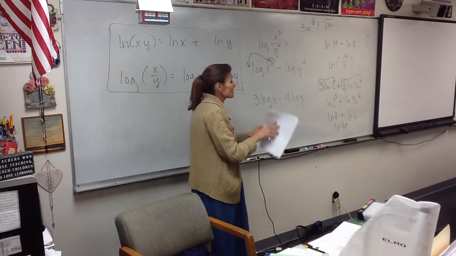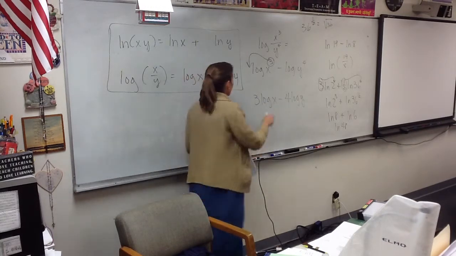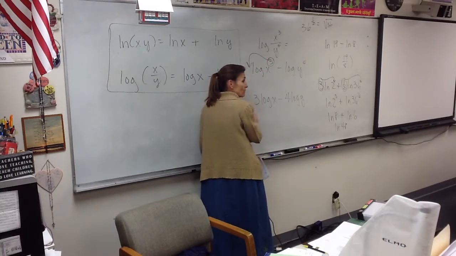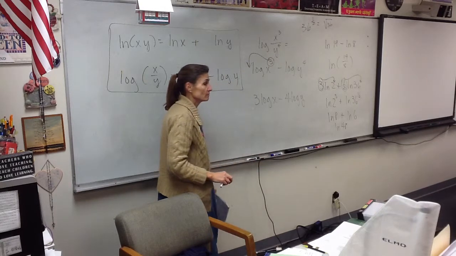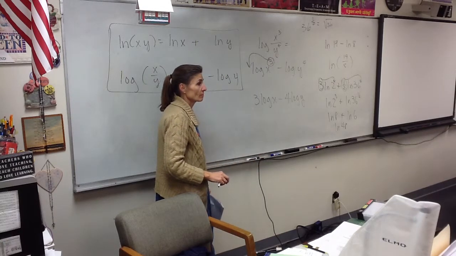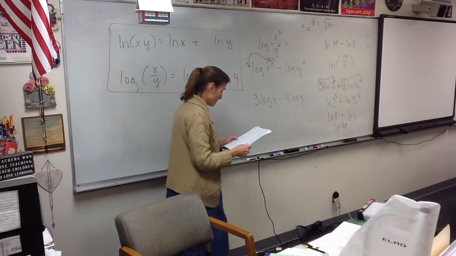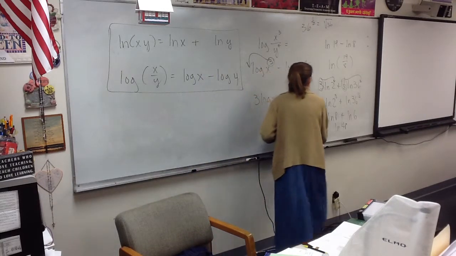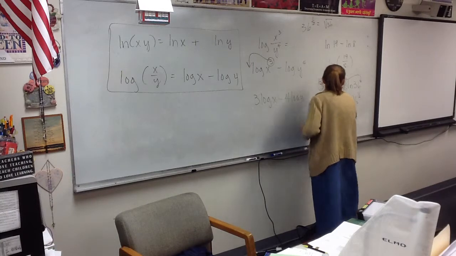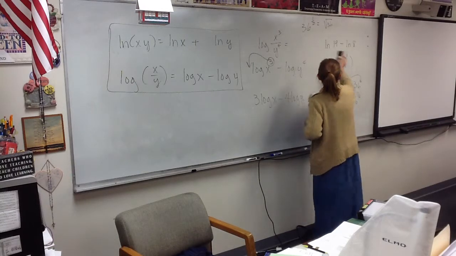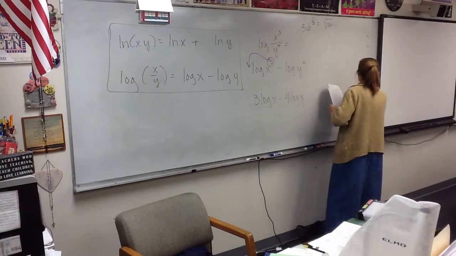So if my job is to break this all the way down, I'm going to take that 3 and put it out here in front. I'm going to take this 4 and put it out here in front. Okay, we're almost done.